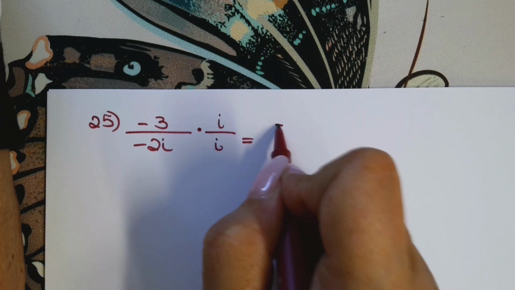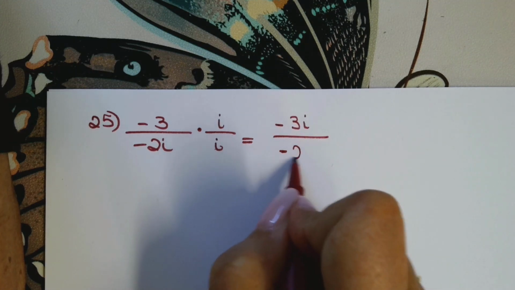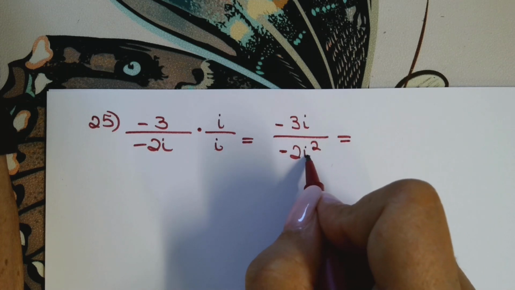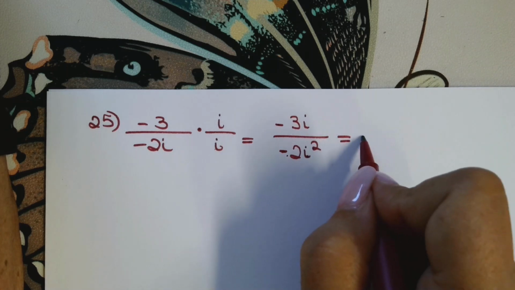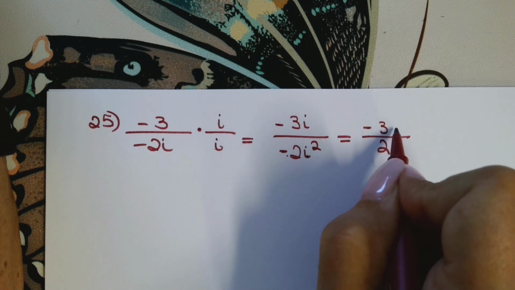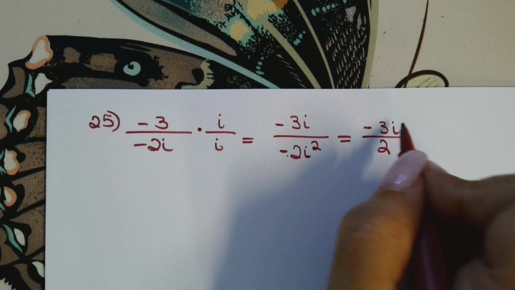This is going to give me negative 3i over negative 2i squared. Remember, i squared is just negative 1. Negative 1 times negative 2 is positive 2, and you'll be left with negative 3i over 2.